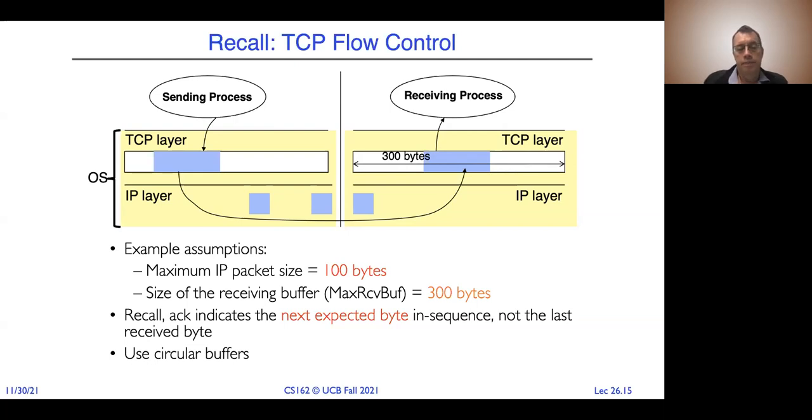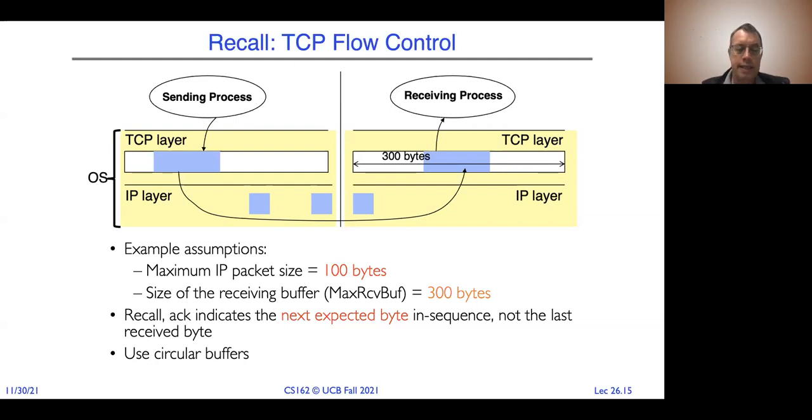Now, let's assume that the maximum IP packet size for this example is 100 bytes. Again, in practice it's 1500 bytes. And the size of the receiving buffer is 300 bytes.